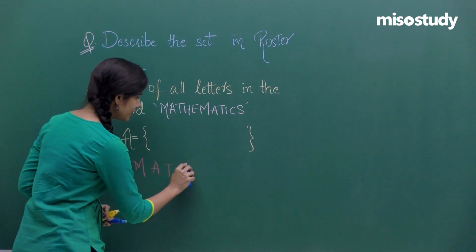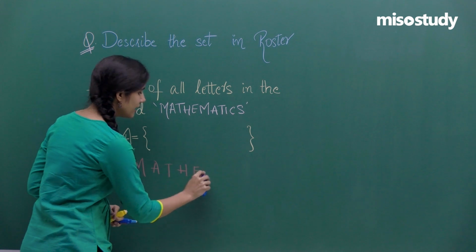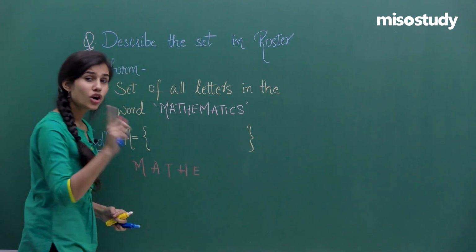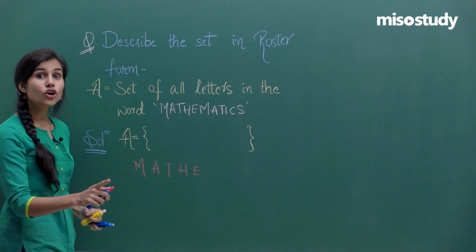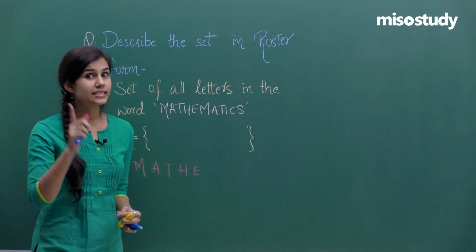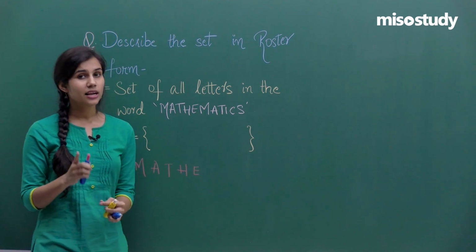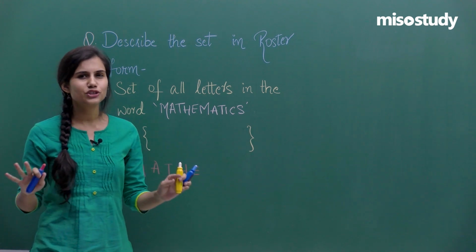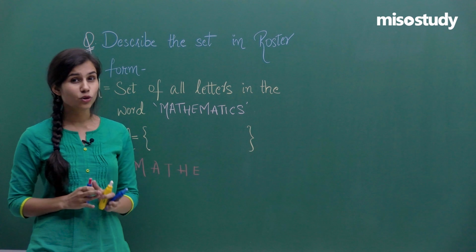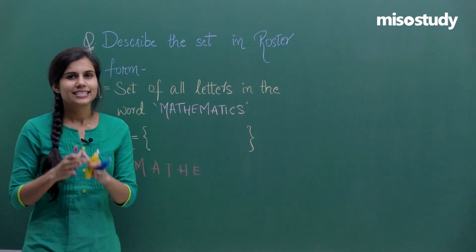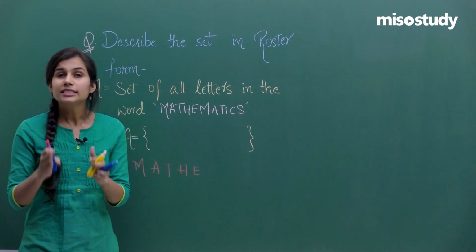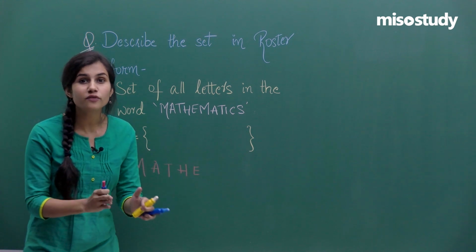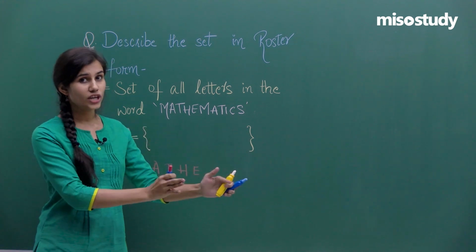T, H, E, again M. But I am not supposed to write M again because it is not distinct. And in the last lecture, I had told you a refined definition of sets which we had concluded: a set is a well-defined collection of distinct objects.